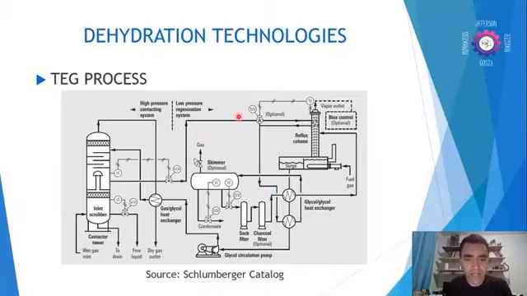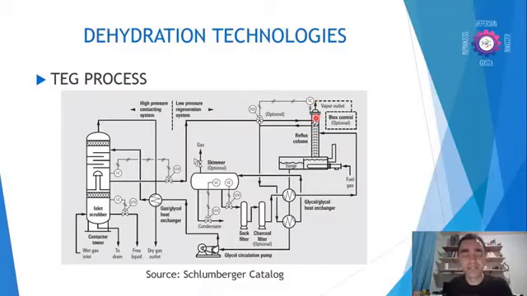So that's why we send the rich TEG, and rich TEG means that it is rich in contaminants, to a small column, and we have a reboiler that adds heat to the system, and we vaporize the water, and it is removed and vented from the column.